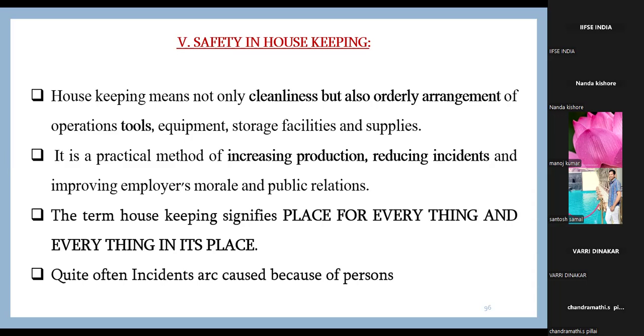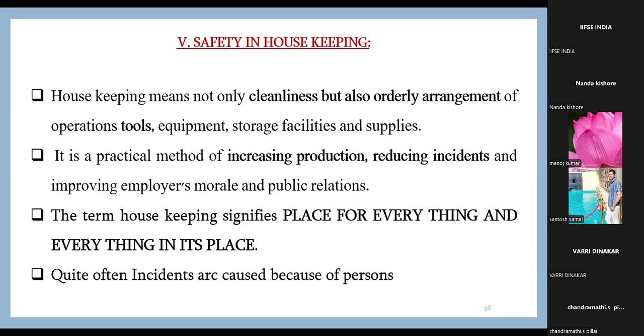See, it increases the safety performance of an organization if there is good housekeeping. Plus, it increases the production. That is more important. Now we will see how it does. Housekeeping not only means cleanliness, but also an orderly arrangement of operation tools, equipment, storage facilities, and supplies. Housekeeping has two purposes.